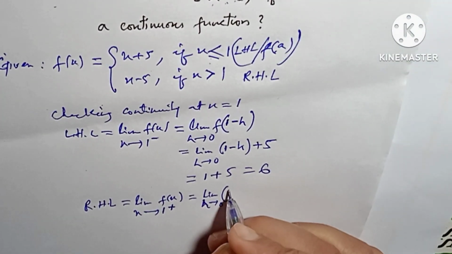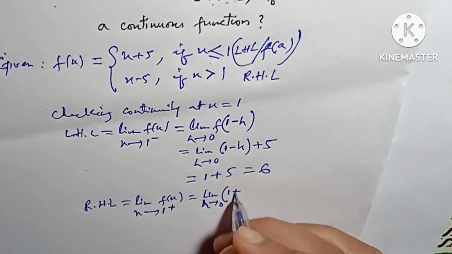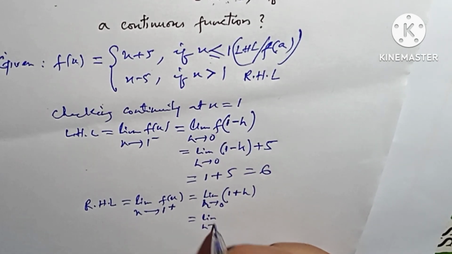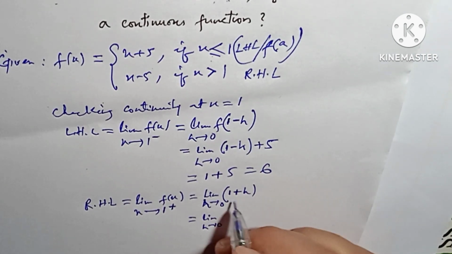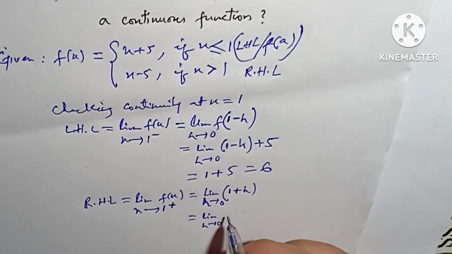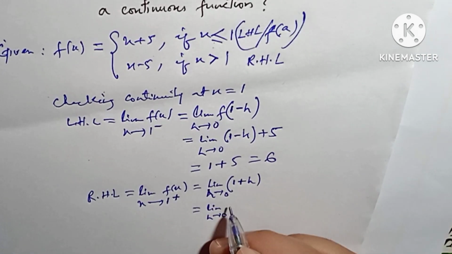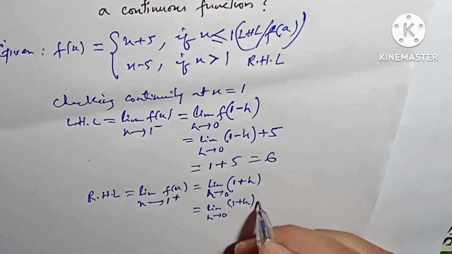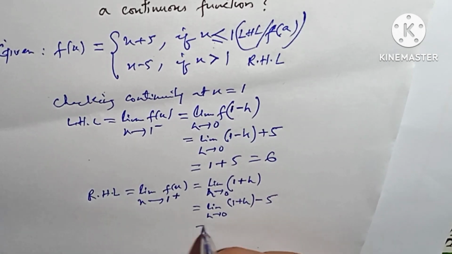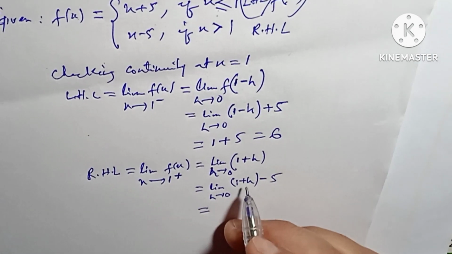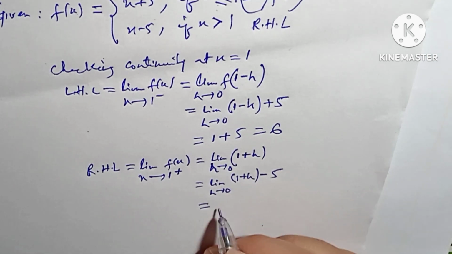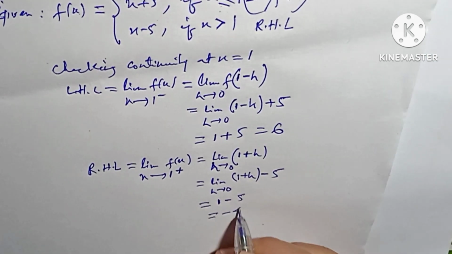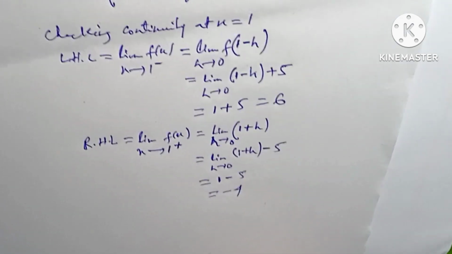Here x is 1 plus h, so we take x minus 5. Then let us put the value of h equal to 0. It becomes 1 minus 5, which is equal to minus 4.